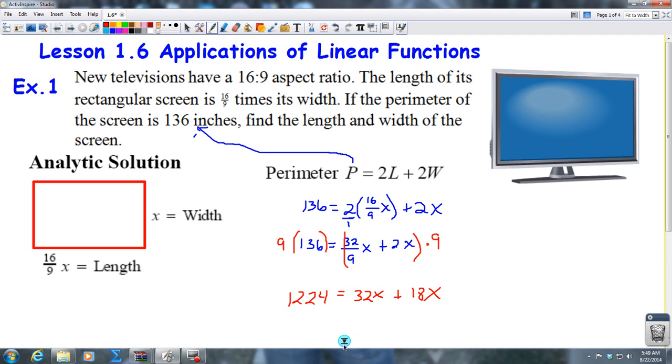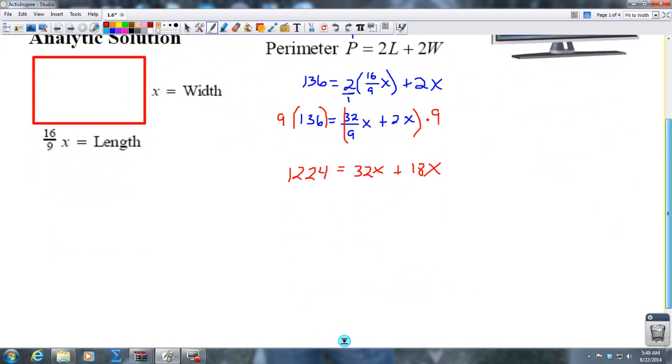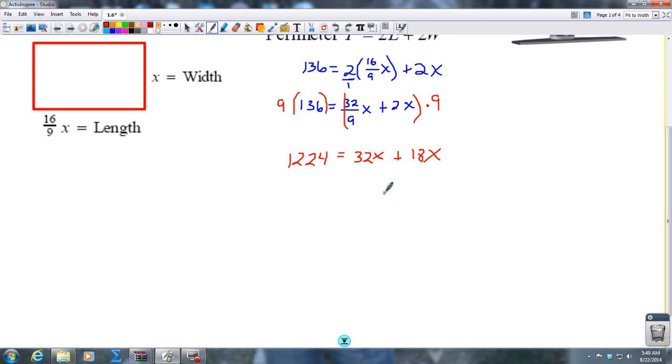Now we're going to add up 32x and 18x, so 1,224 is equal to 50x.